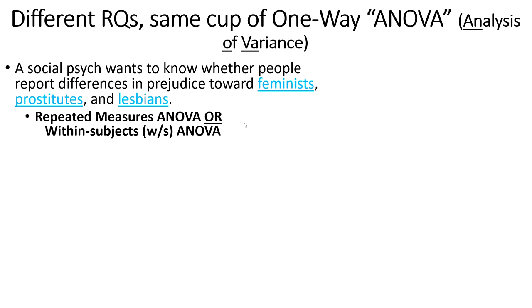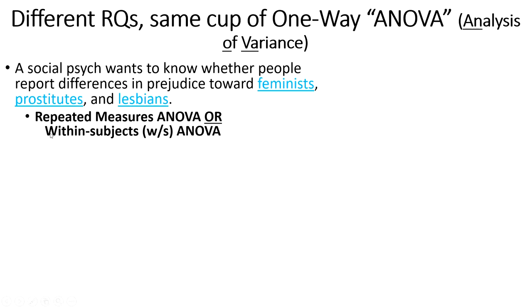I generally refer to this type of ANOVA as within subjects because I think it makes the most sense to me, and I'll talk about why in a second. But just so you know, instead of typing out within subjects every time in the lecture, I will denote it as W/S, so within subjects ANOVA.